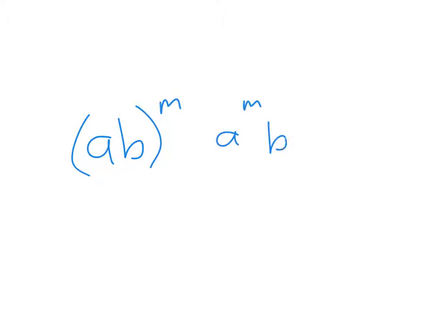In the next row down, they're showing you a times b, and if you take that and raise it to the m power, that's the same thing as a to the m and b to the m as well. And that's what we just did when I showed you that example of 2y to the second, raised to another power of 4. We distributed it just the way that they did in that example.